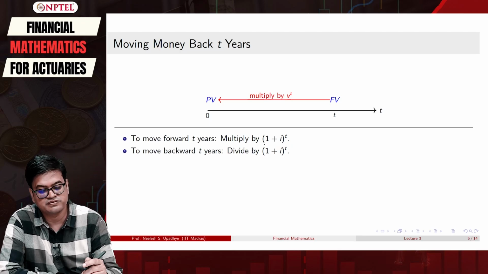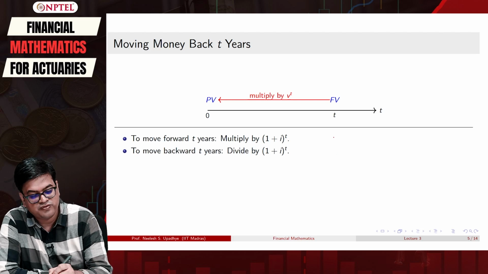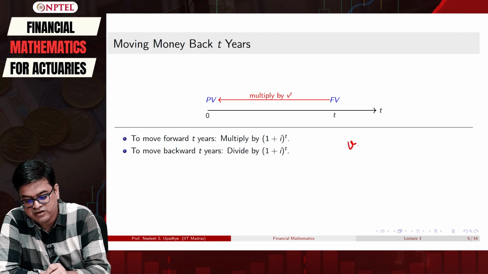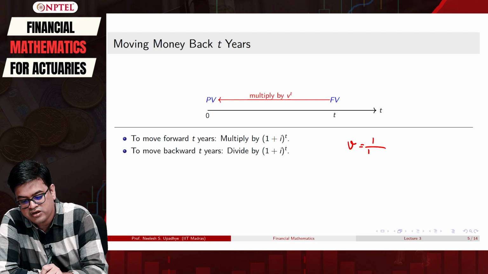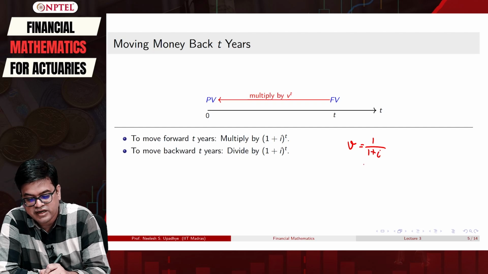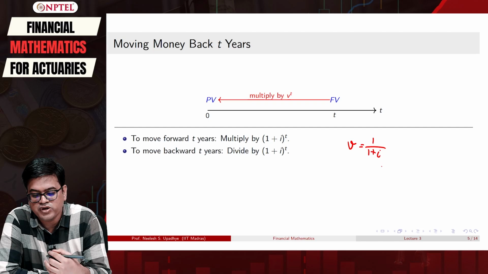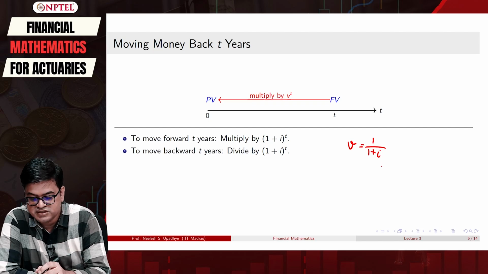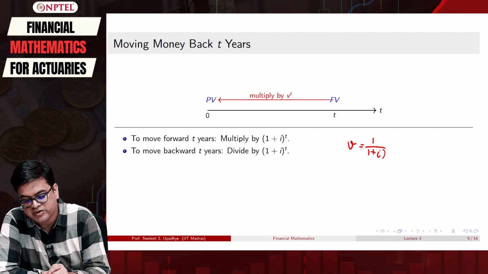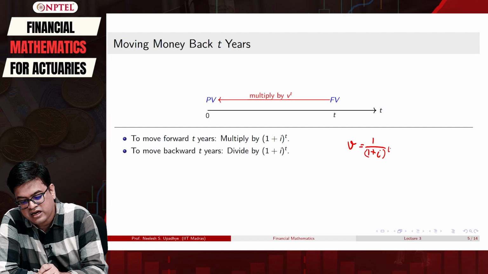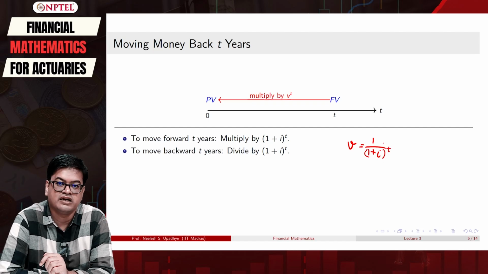What will I do? According to my formula, V was equal to 1 upon 1 plus I, right? So essentially this was the formula when I moved one period backwards. So if I move t periods backward with the same model, I will have 1 plus I raised to t.